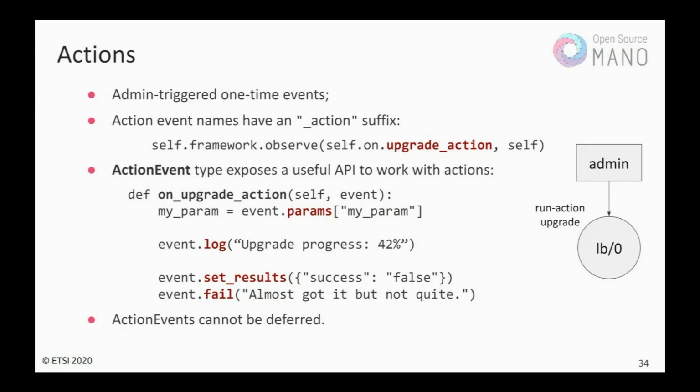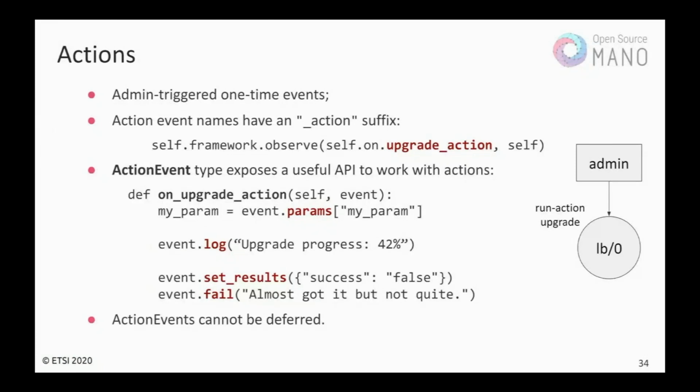One thing about actions is that they cannot be deferred, so it doesn't make sense to defer a one-time action that has a certain context. So if your execution finishes, then you shouldn't have the same action re-triggered on the next one.